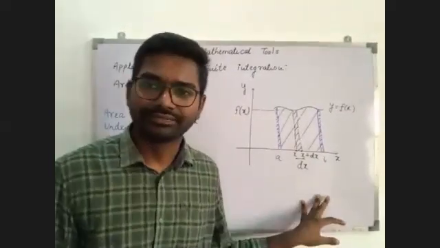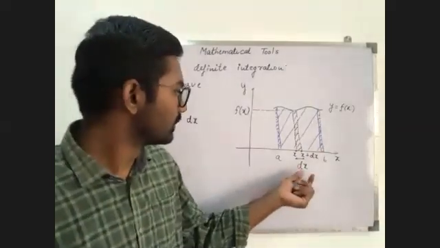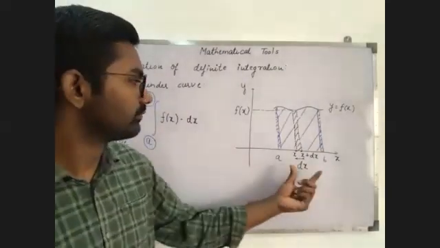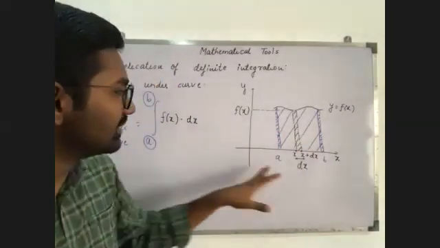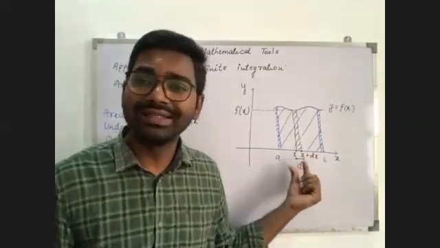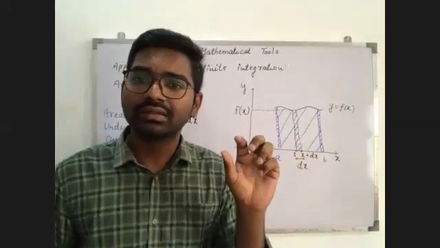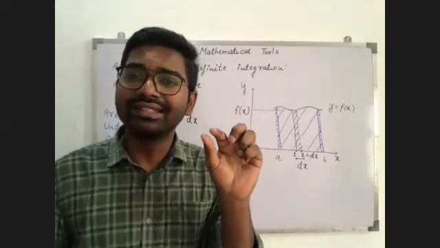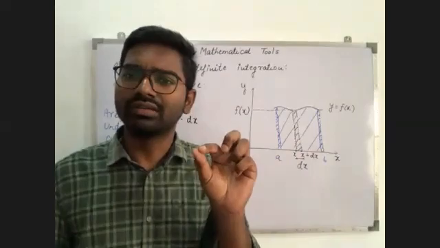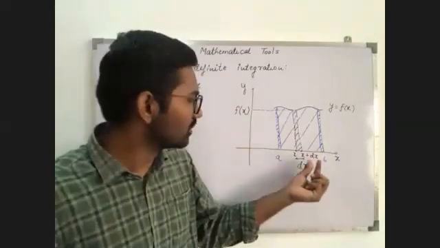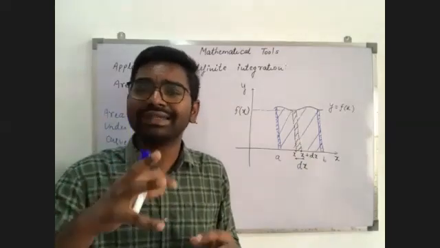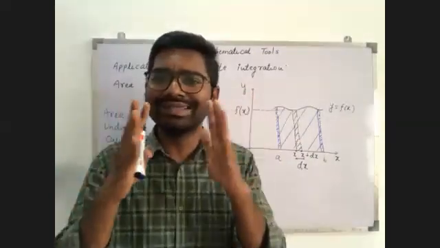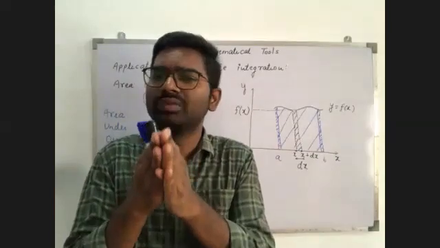Now look here, guys. Here, x tends to 0: there is no need for x tends to 0, because I have already taken dx, which is very small. So no need to extend to 0. The definition of dx is already an infinitely small quantity, meaning it is nearby 0.